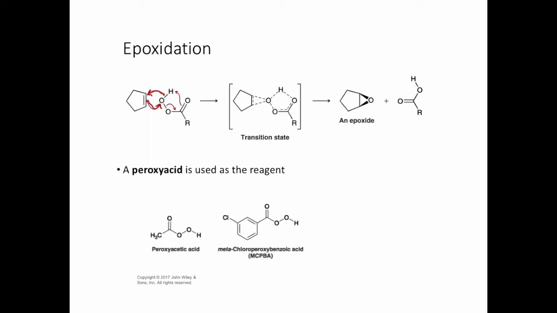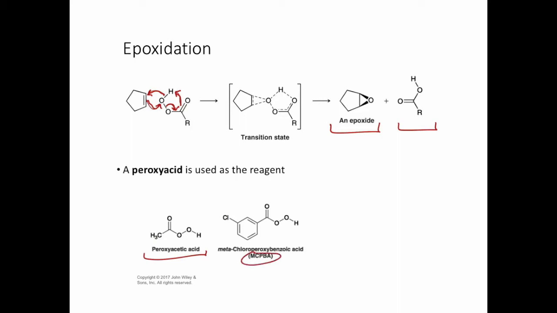And then the carbonyl double bond grabs this hydrogen, and this oxygen-oxygen single bond breaks to form a double bond between it and the adjacent carbon. And as a result, you get the epoxide and a carboxylic acid as a side product.